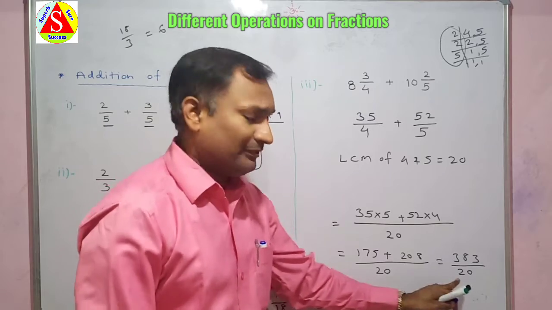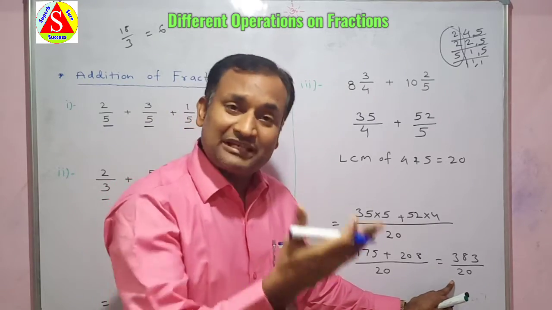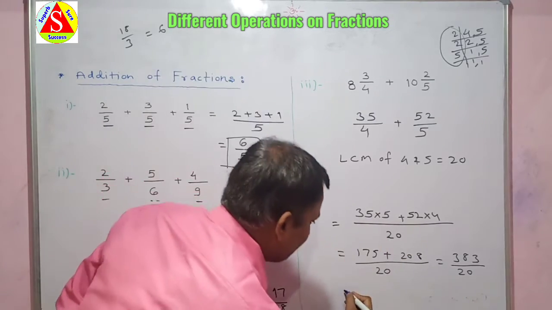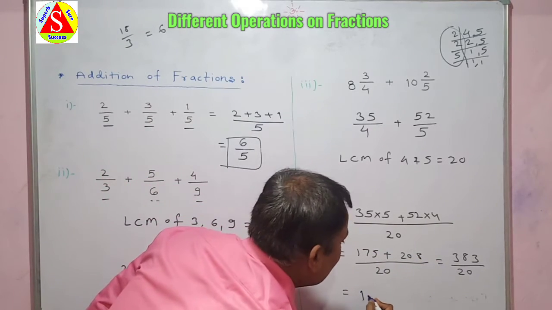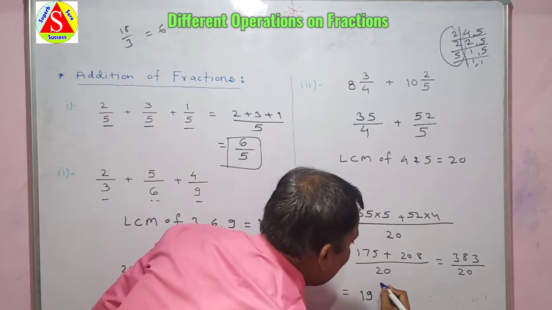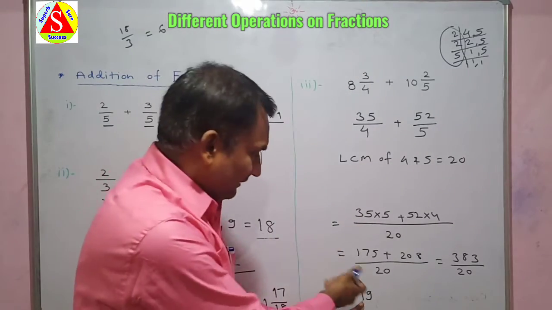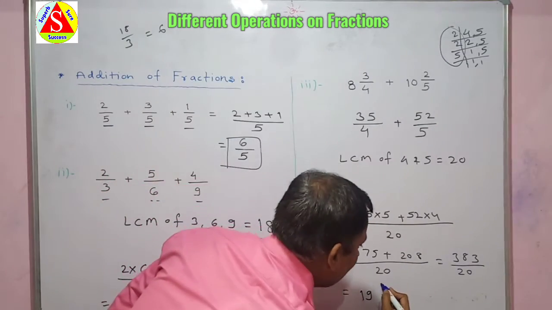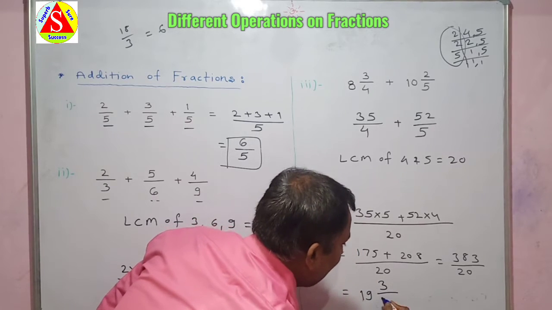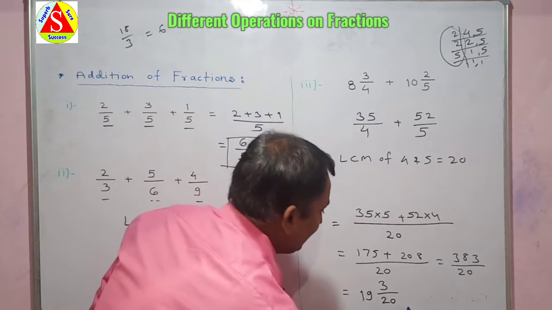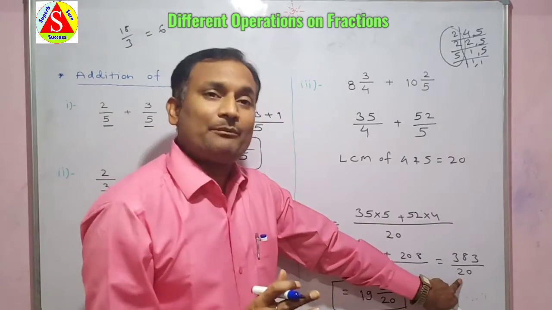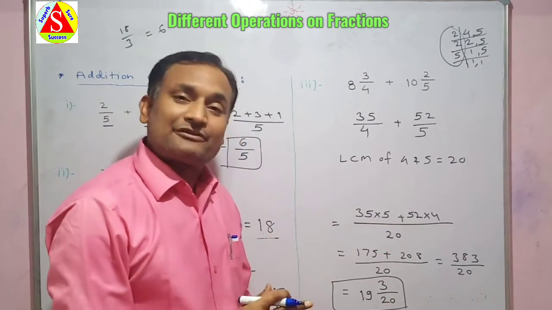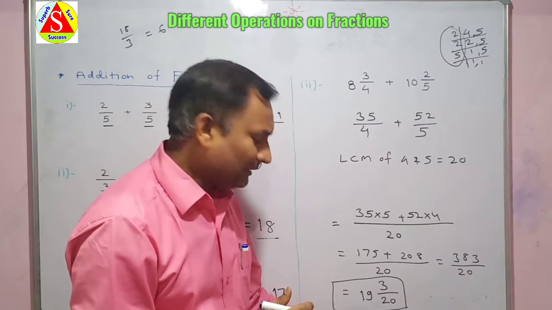Okay, so now we can convert it into mixed fraction form. So dear students, when we convert it, we will have 19 as a quotient term, and we will have 3 as the remainder and 20 in the denominator. So when we convert this improper fraction into a mixed fraction, we will have 19 3 by 20.